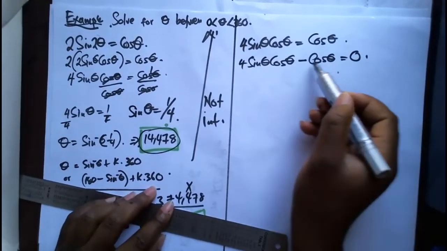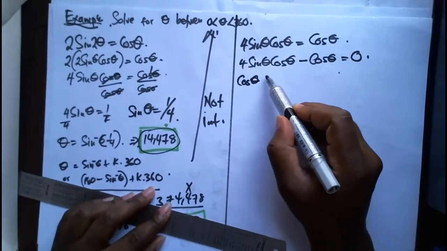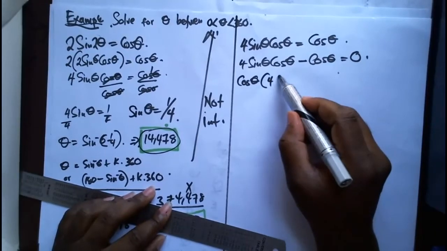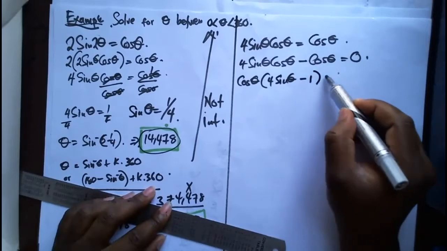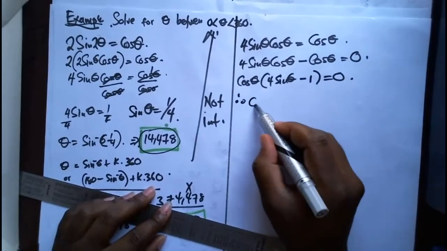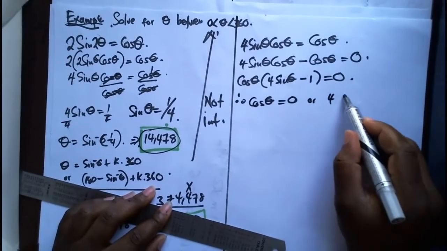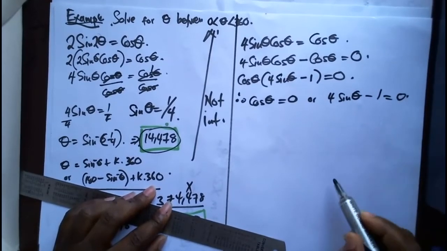Right? Then I can factor out cos theta. So I will have cos theta times 4 sine theta minus 1 is equal to 0. Therefore, cos theta is equal to 0, or 4 sine theta minus 1 is equal to 0.